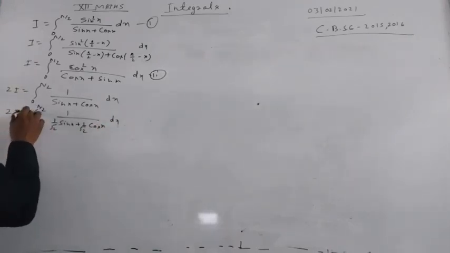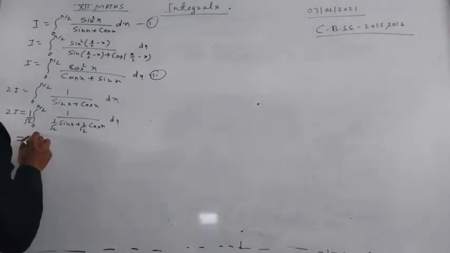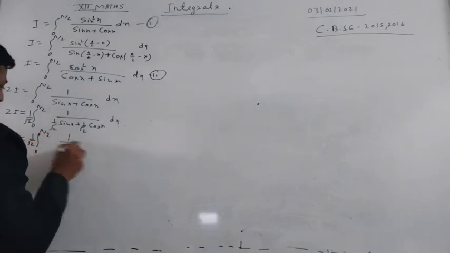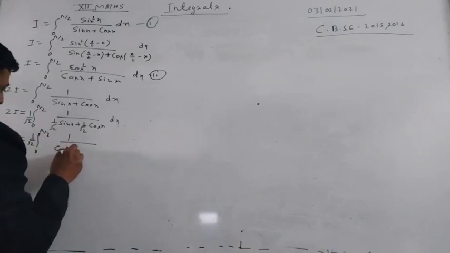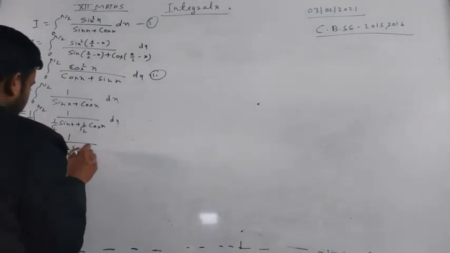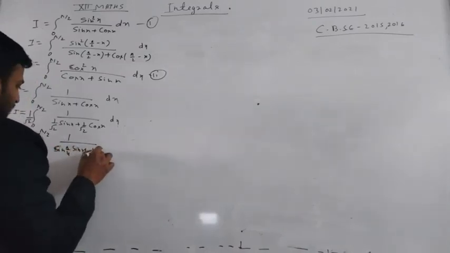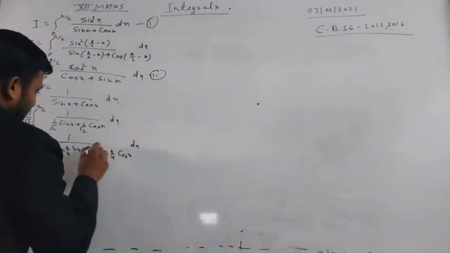Okay, so we can write this part. So students, this is 0 to pi by 2, 1 by root 2, and this is 1 by cos pi by 4 sin x plus sin pi by 4 cos x dx.